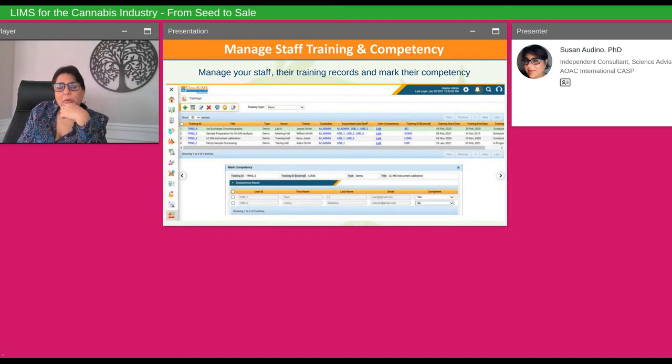Remember that nobody can perform any work on a sample, on a customer sample, unless he or she is trained and is determined competent and is authorized to perform very specific work. That work affects every function in the laboratory, from field sampling to preparing a sample to analyzing the result to issuing a COA.